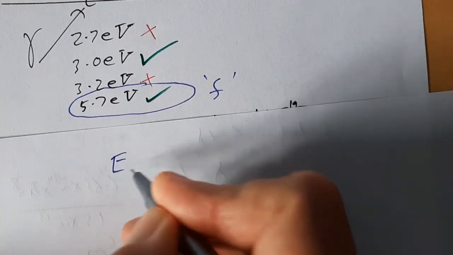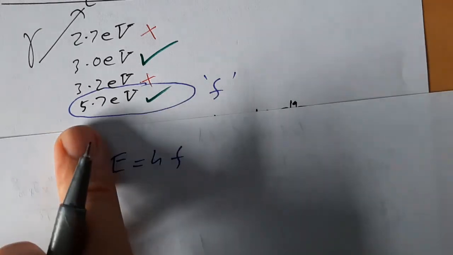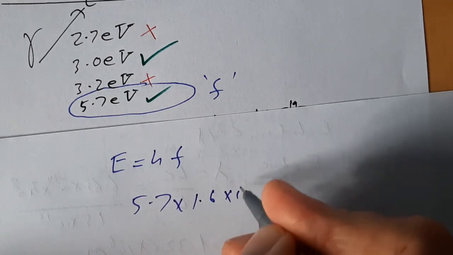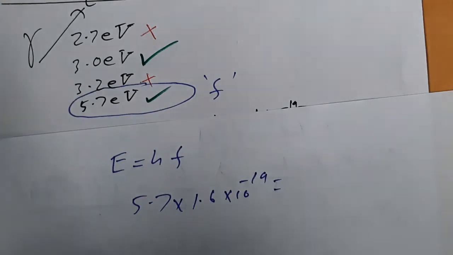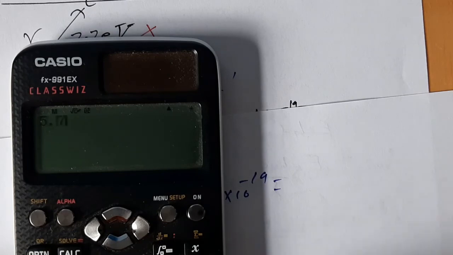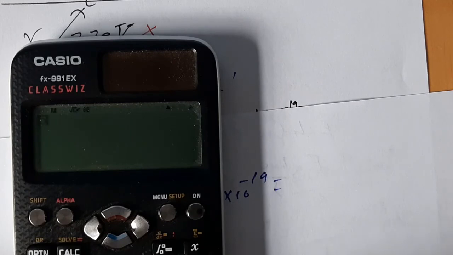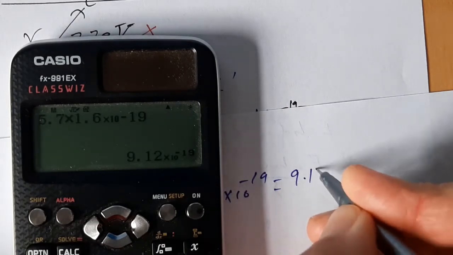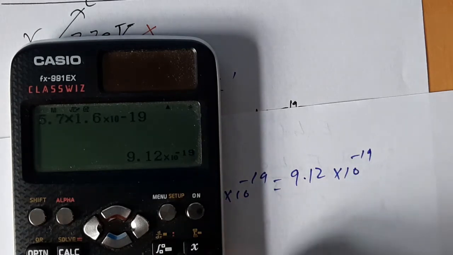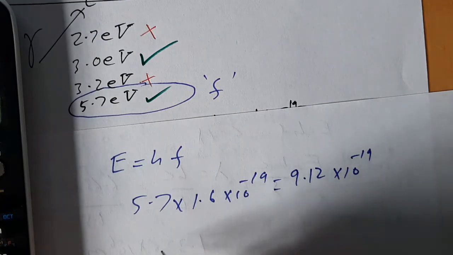So we've got E equals hf, but first we've got to convert that into electron volts. You know how to do that because I've just shown you. Let's quickly do that. 9.12 times 10 to the minus 19 is the energy, and then we're going to do E equals hf.